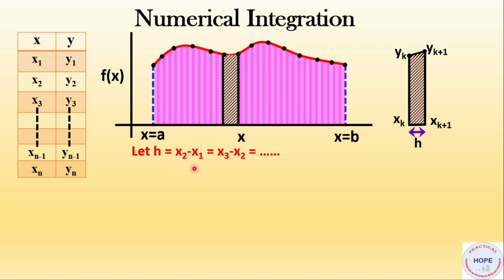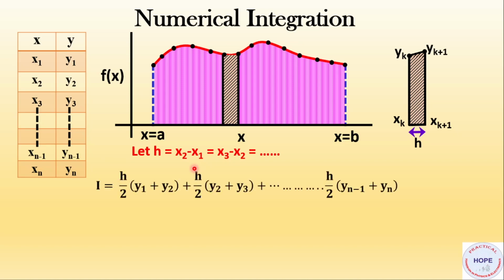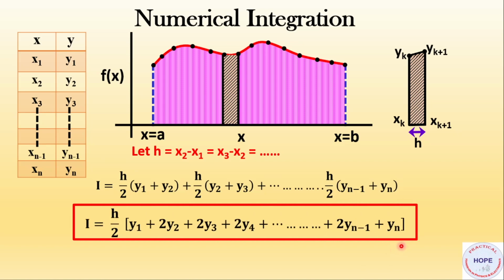Now total area under the curve can be evaluated like this. The sum of all the trapeziums that will cover the whole area under the curve. If we rearrange the terms, we get this expression. This is the trapezoidal formula because this strip is like a trapezium.